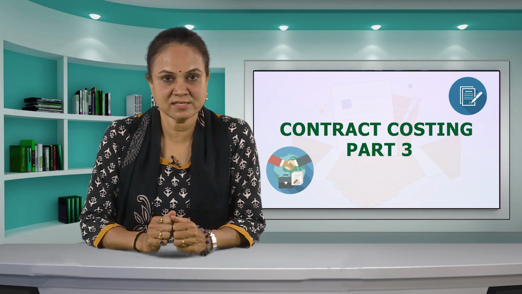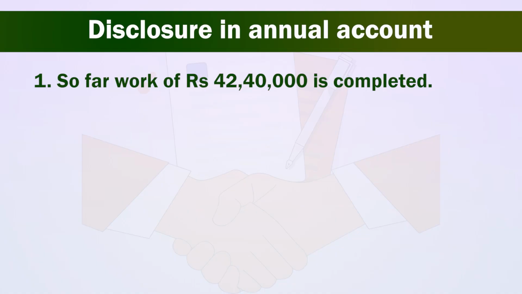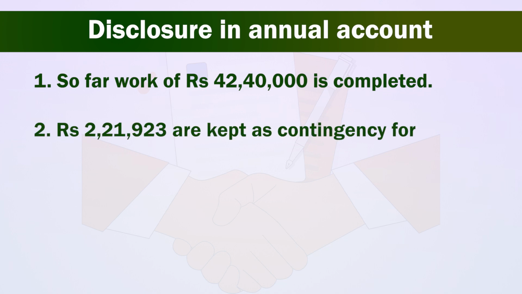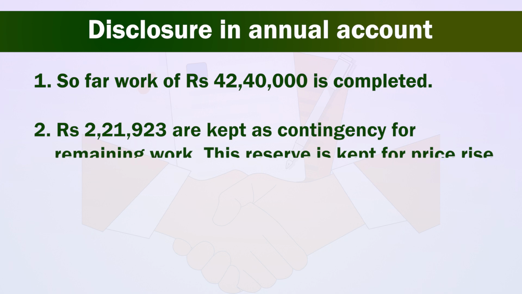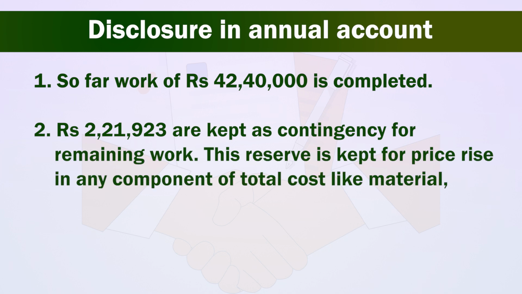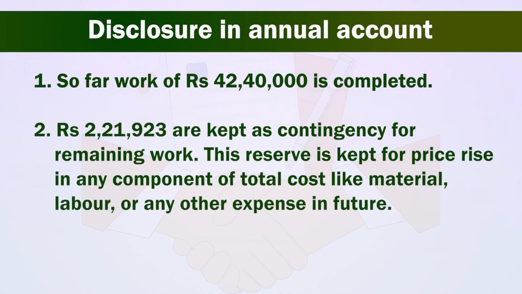Let's understand this illustration. So far, the work of rupees 42,40,000 is completed. Rupees 2,21,923 are kept as contingency for remaining work. This reserve is kept for price rise in any component of the total cost like material, labor or any other expense in future.